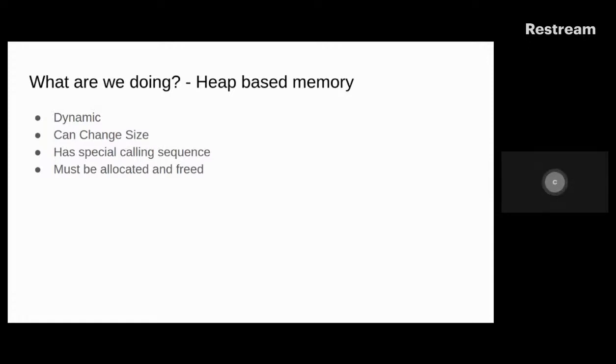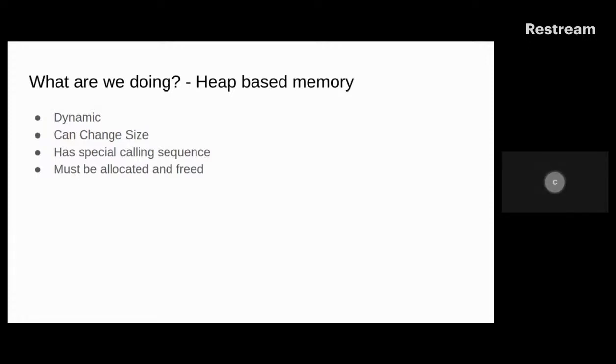Heap-based memory is dynamic. What that means is we, as programmers, must allocate the space ourselves, and we can dynamically allocate that space. Like the stack space, when you write your program, the program says you get this much stack space, and you don't get more than that.